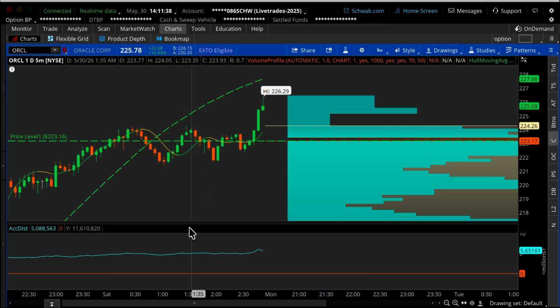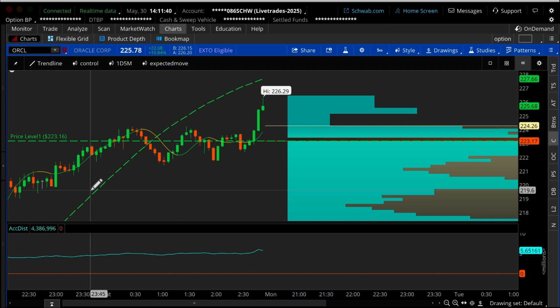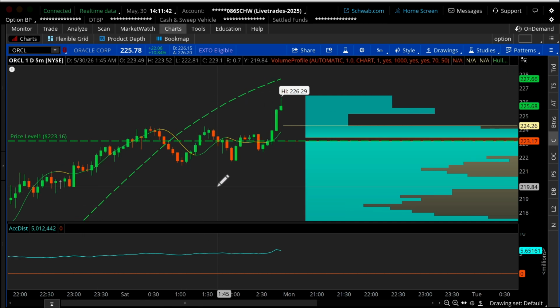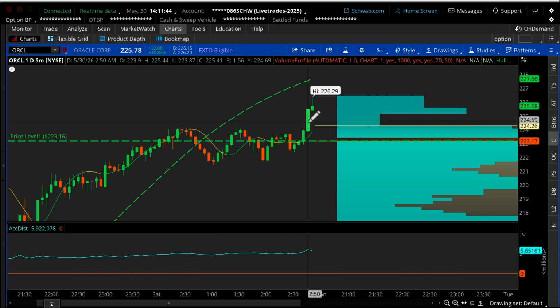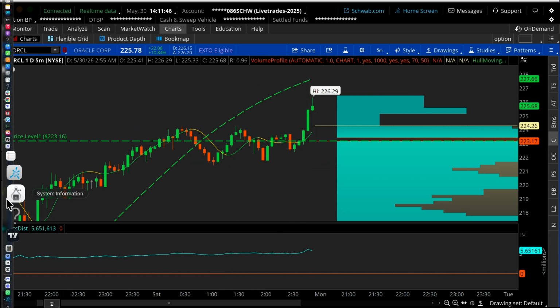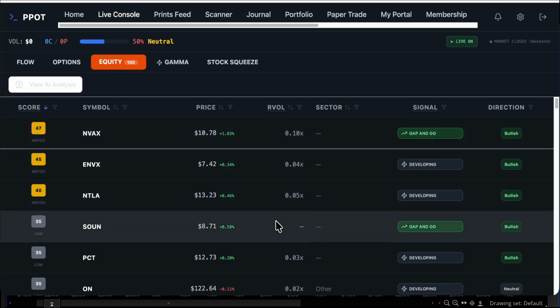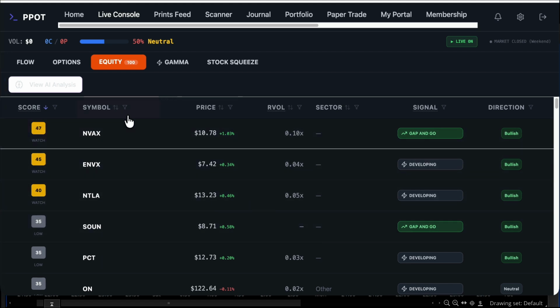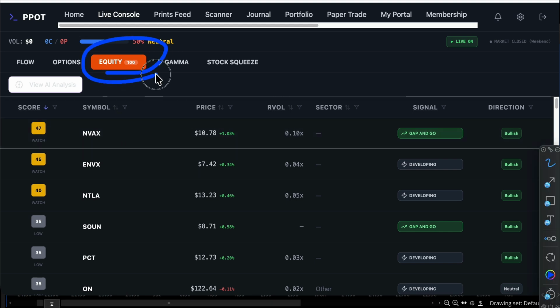So let me remove that. I mean, it doesn't really matter. I can do it on any position to show you what you need to do. Now, that being said, when I'm using the PPOT-Analytics AI engine, this is finding it all for me. So this is the equity tab right here.